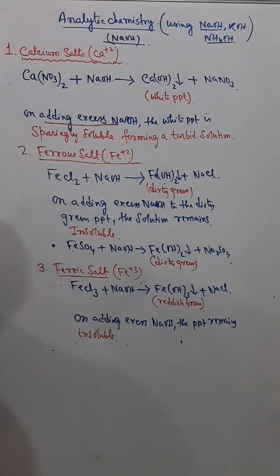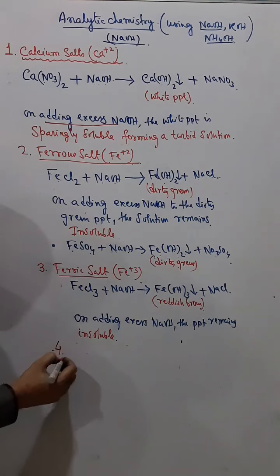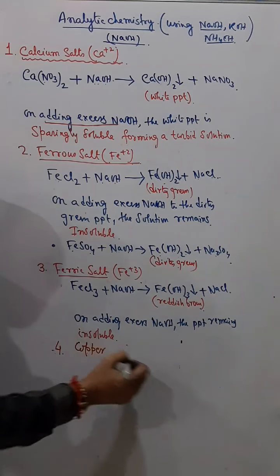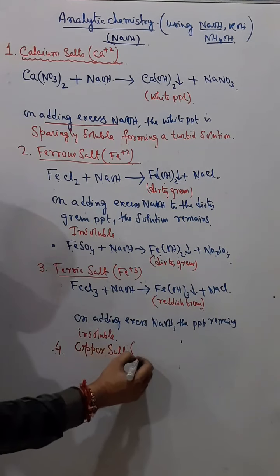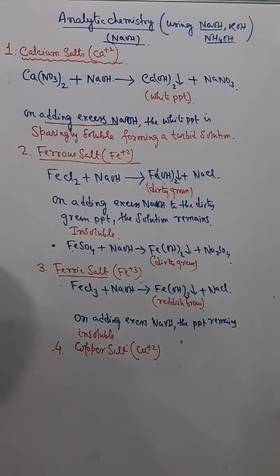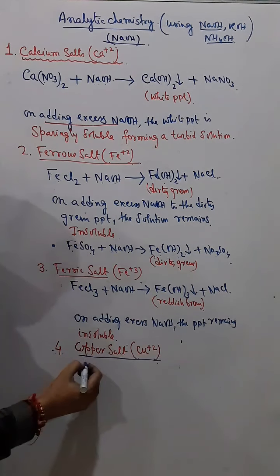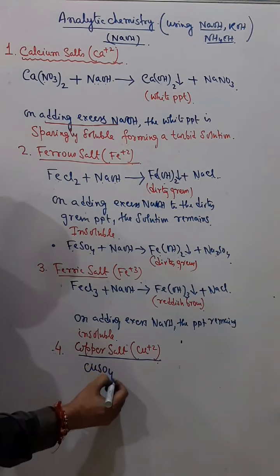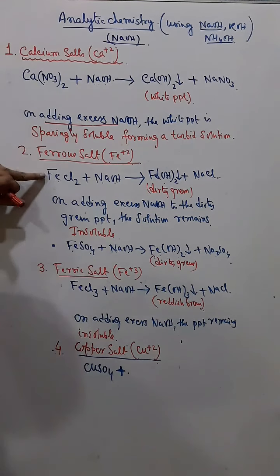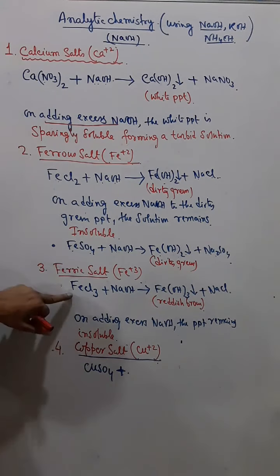Okay, next is copper salt, that means cupric, Cu plus 2. Now suppose copper sulfate is a soluble salt of copper, and you should remember, all the salts that we are using here are soluble salts.